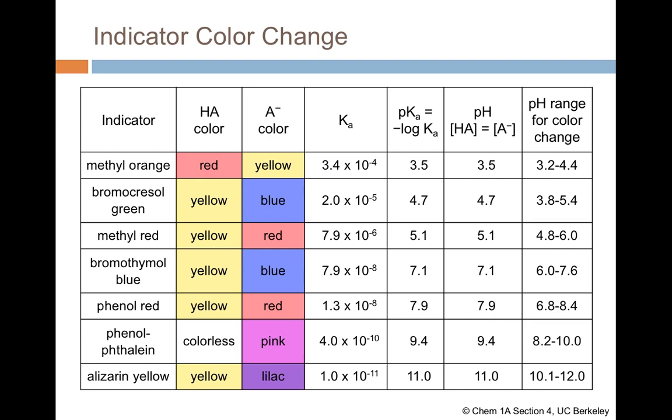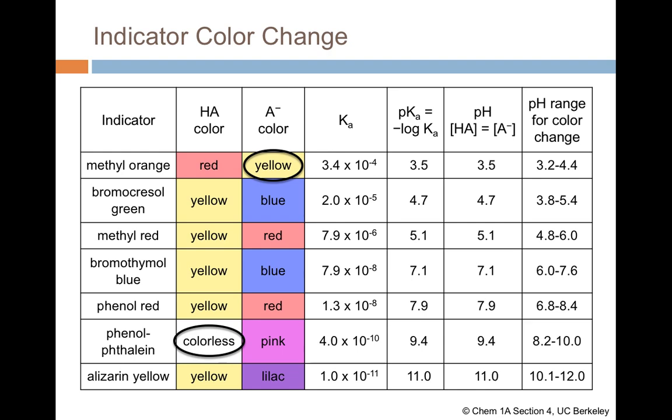But this can be really useful if you don't know the pH of your solution. You can just add a little bit of, say, methyl orange to your unknown solution. If you were to see it turn yellow, then you would know you have an excess of the A- form of methyl orange, which indicates to you that this solution has a pH above 3.5. You could then take another sample of that solution and add a little bit of phenolphthalein to it.